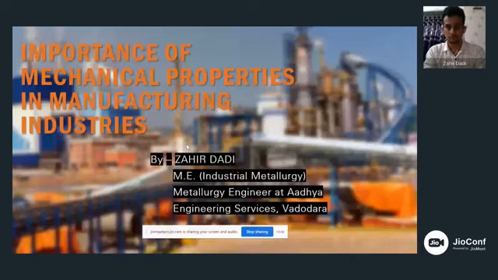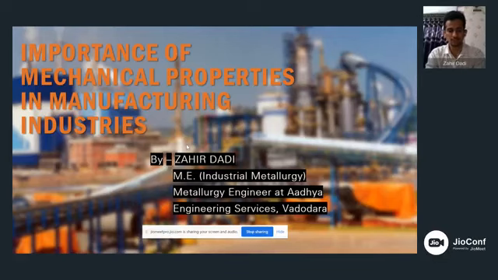If we're talking about mechanical properties here, then our industries rely most on three major properties: tensile testing, hardness testing, and toughness testing. There are other testings, but we rely most on these three. So in today's webinar, I will give some overall details about these mechanical properties in industries.